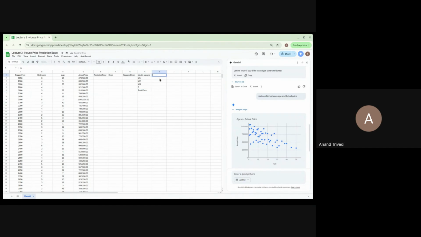And then we will have the learning rate, whatever learning rate we choose.